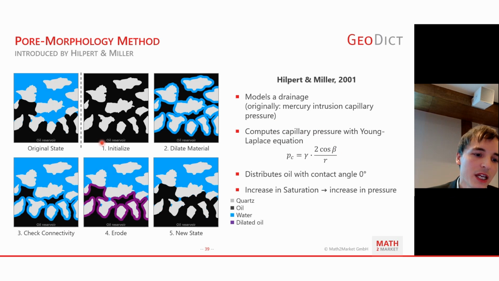Then we check the connectivity afterwards to the inlet, so the direction where the oil is pushed into the structure. We erode back the dilation material radius, and then we obtain the new status, which has a higher saturation compared to the previous state.